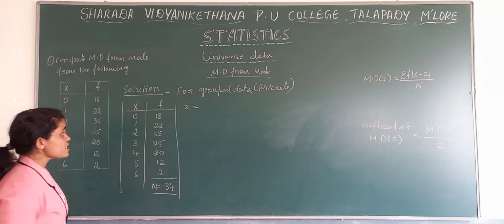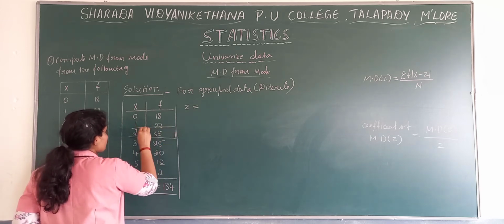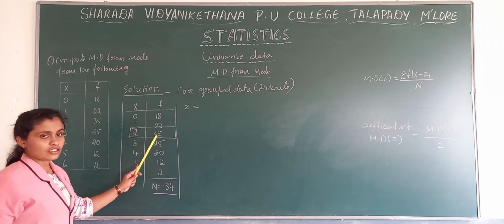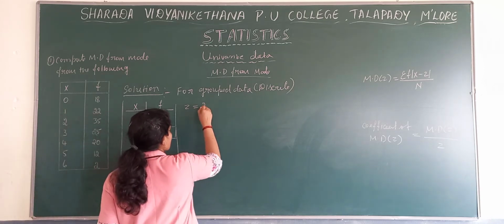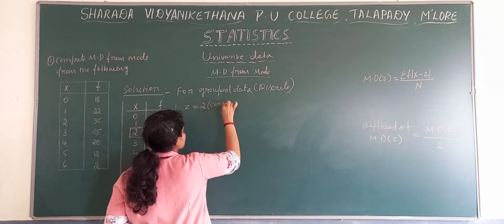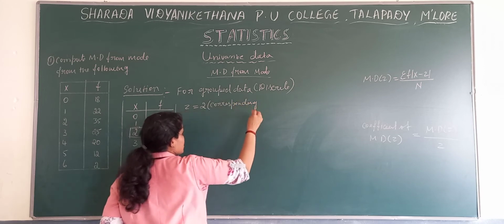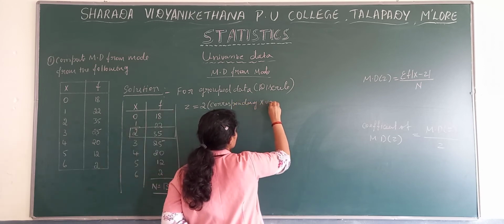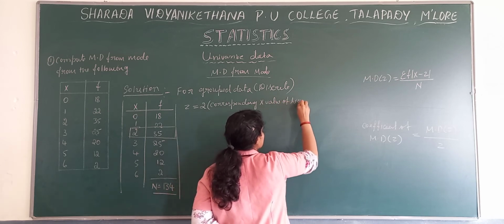The largest frequency is 35. The corresponding x value is our mode. So mode is equal to 2. That is, the x value of the highest frequency.